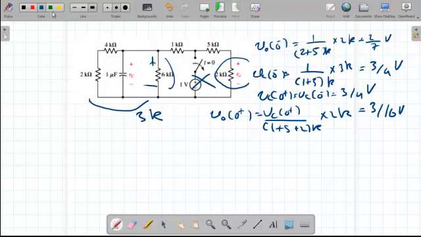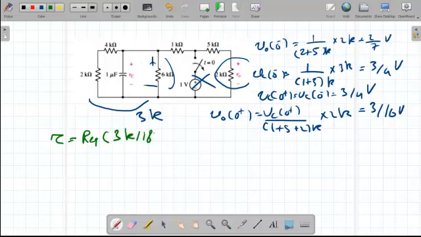Now we find the time constant. The time constant will equal R equivalent times C. R equivalent is just these resistors together in series. So 1, 5, 2, so it becomes 8. Then 8 in parallel with the 6k, and also in parallel with this 6k. So it becomes 3k in parallel with 8k.